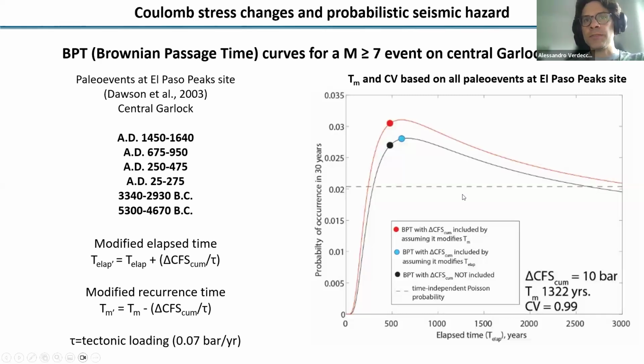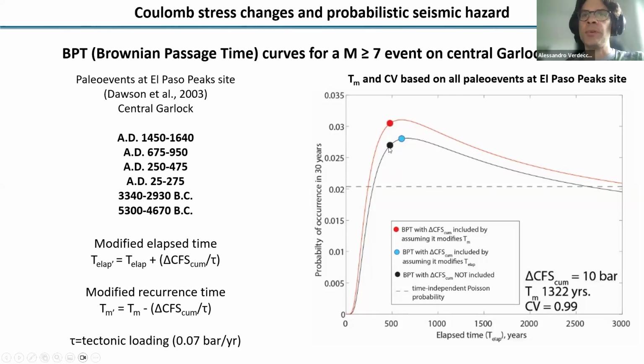There are two curves because one is calculated, the black one, with the original recurrence time, and the red one is calculated with a modified recurrence time, the other way of including Coulomb stress in the seismic hazard.